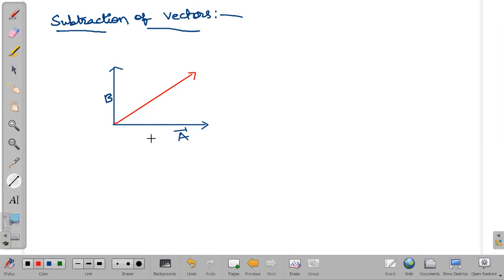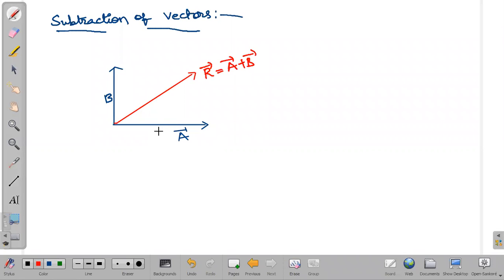Now, here we are not here to add the vectors. So this R bar, if I write, R bar is A bar plus B bar, in terms of vector addition. Now, if I want to subtract these two vectors, what do we do?